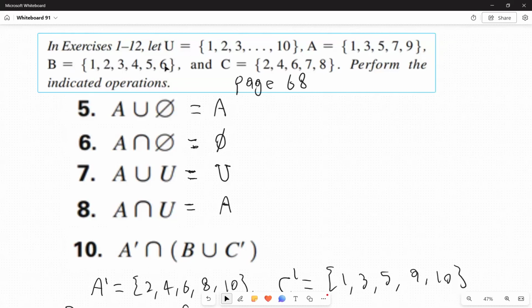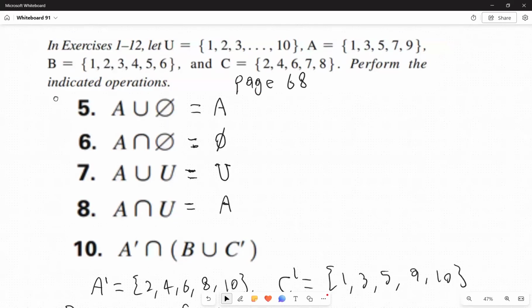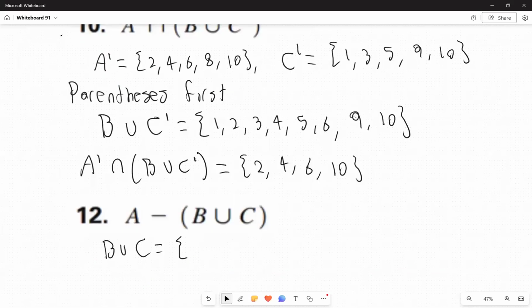And those are the positive integers from 1 through 6 with the 7 and 8. So B union C is going to be every counting number up to 8. Those are the elements that are in either set or both sets.